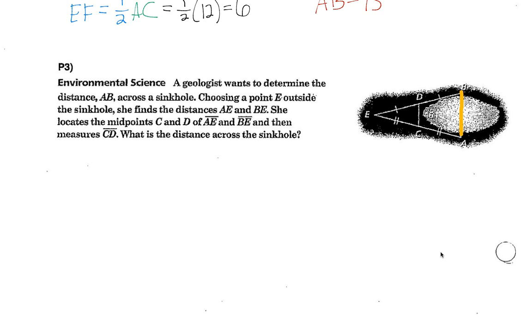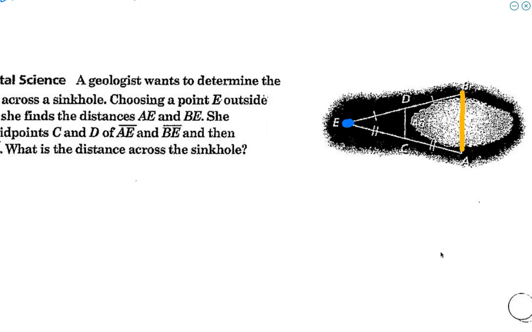Choosing a point E outside of the sinkhole, she finds the distance AE and BE. She locates the midpoints C and D. What is the distance across the sinkhole? Now, just measuring across the sinkhole is not something that we can do. It might be too dangerous. Maybe this is before drones were available.